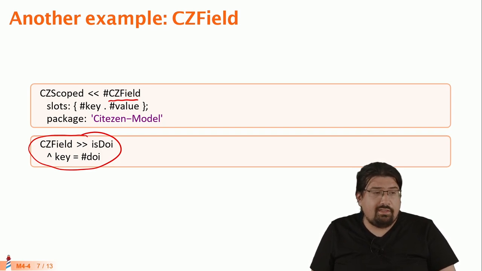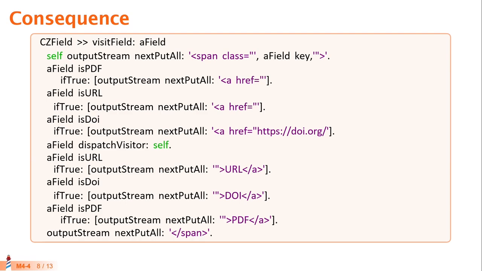How is this impacting us? Well, the consequence of having all these methods to ask for the type of a field is that we have a lot of repetition of this kind of bad pattern. Look what we have in this method. The first thing that you should see is that it's a really long method. And also it has a lot of conditional code.